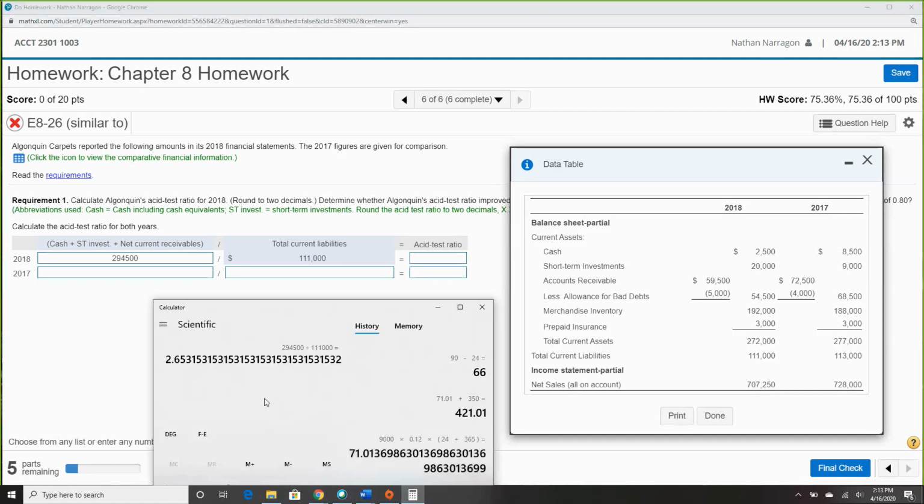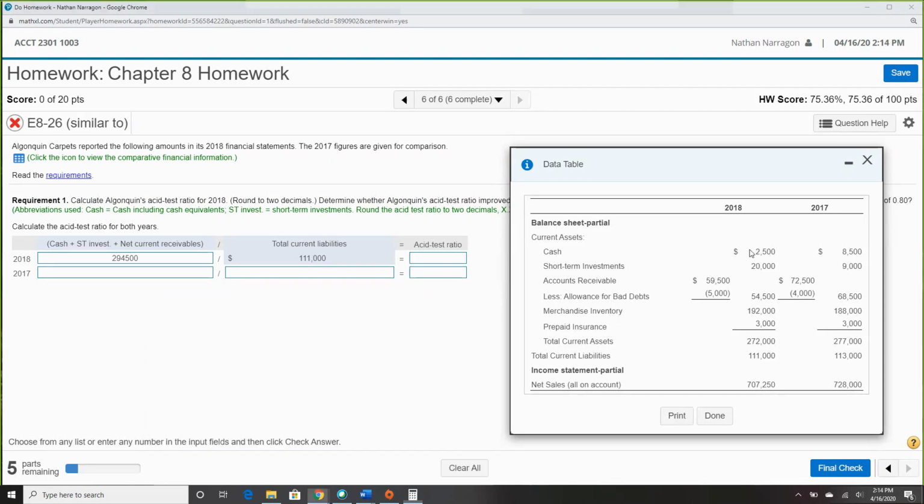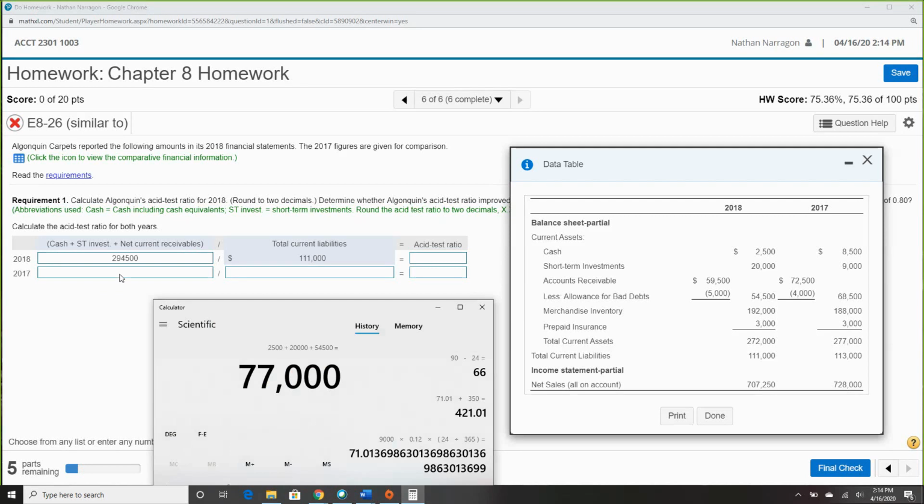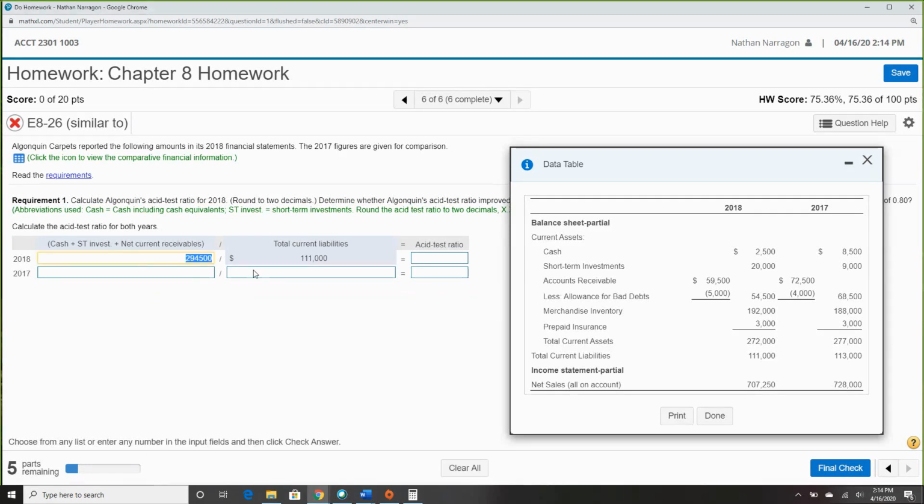That is my bad. I'm adding all the current assets. I'm thinking current assets, that's receivables. No, what I was thinking... Alright, so it's only these three in the column: 2,500, 20,000, 54,500. Oh, what was going on? That is a complete brain killer there.